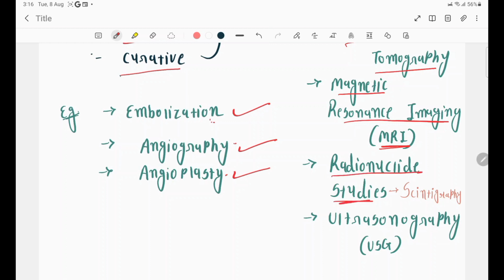Next is radionuclide studies, for example, scintigraphy or bone scan. This uses a tiny amount of special material to look at bone health or find hidden problems. For instance, in cases of suspected bone infections or bone tumors, a bone scan using a small amount of radioactive material helps us to identify problem areas.